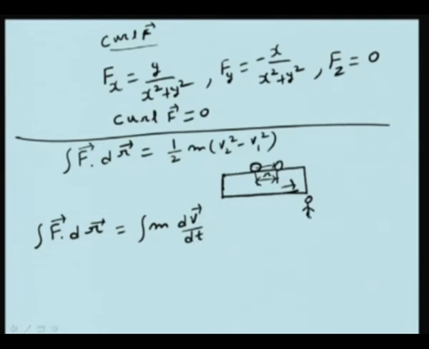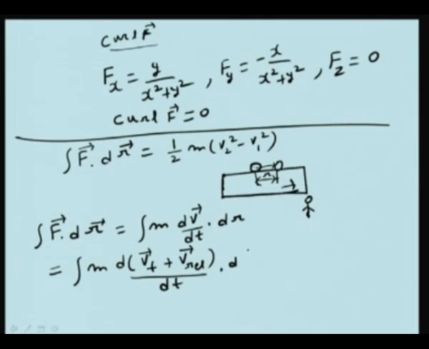That means as observed by a man standing in the inertial frame of reference, which is the ground in this case, and this is dr. This can be written as m d(vt plus v rel) by dt dot dr, where vt is the velocity of the train.